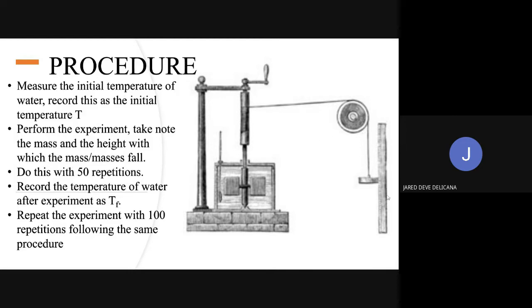You can do this with a very good ruler. Do this with 50 repetitions. Record the temperature of water after the experiment as T sub F. And repeat the experiment with 100 repetitions following the same procedure.